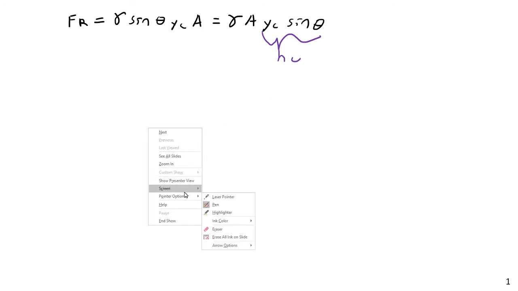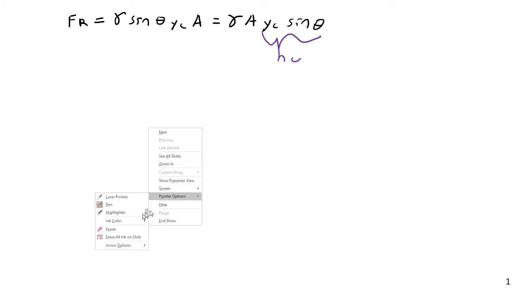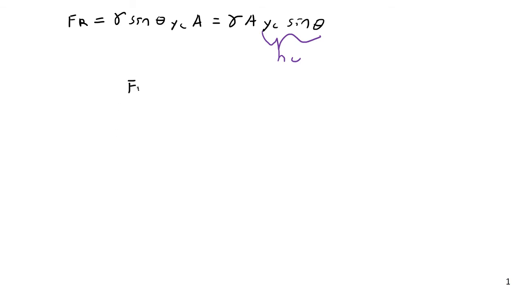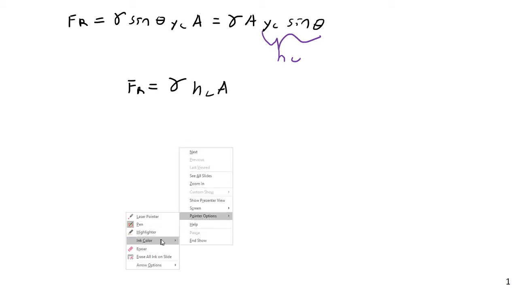If I simplify this, I get the final result I'm looking for in terms of the magnitude of FR: FR is equal to gamma h_C times A.